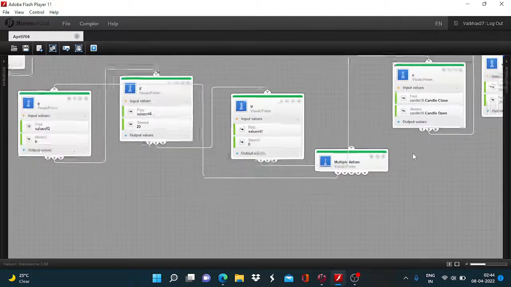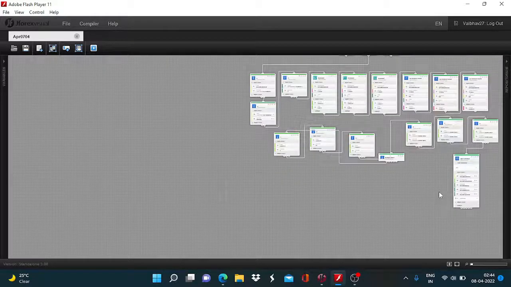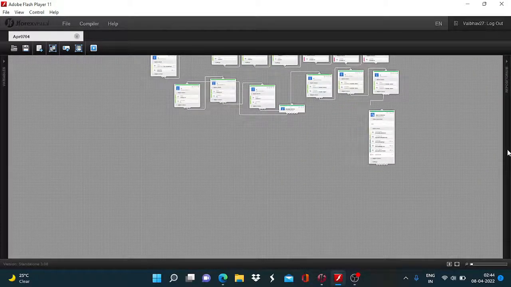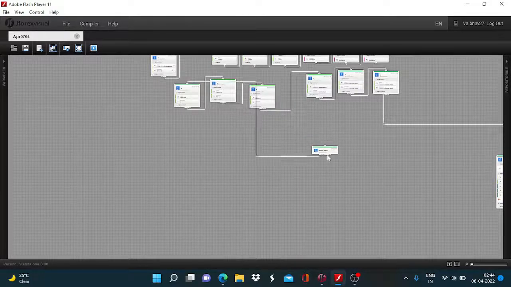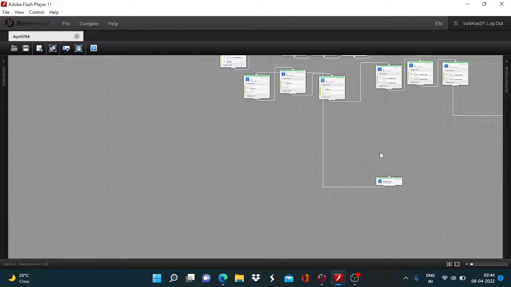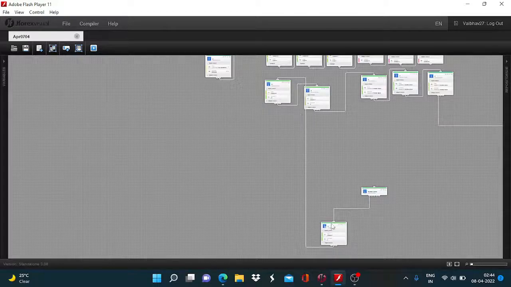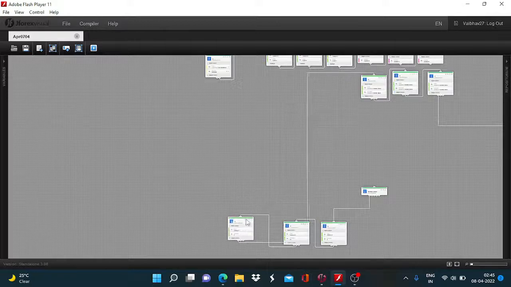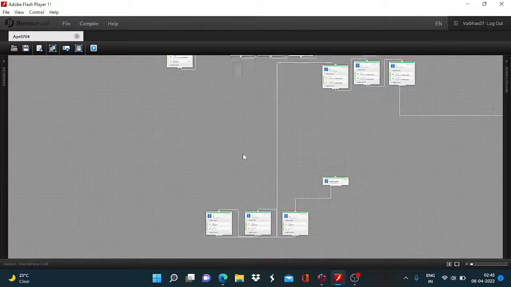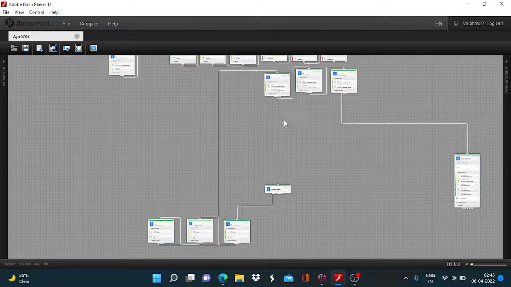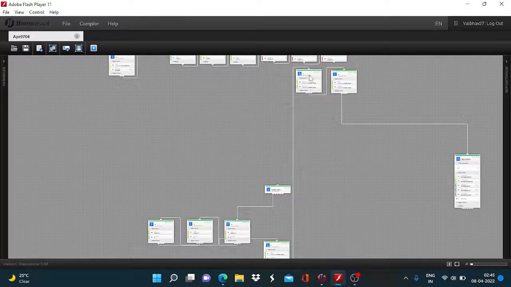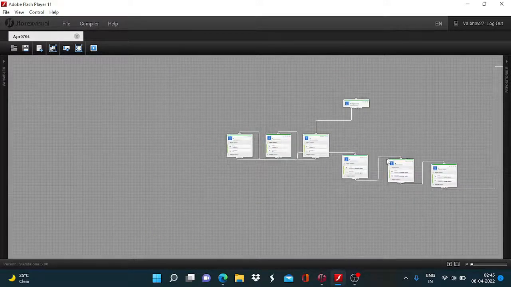So with these 5 conditions defined, we put these on the lower side. I will leave some space in between these blocks. We also need to define parameters for the trade command block now, which we will do.